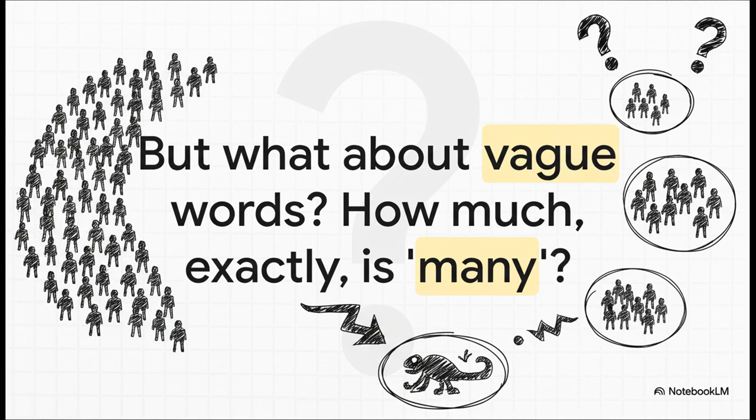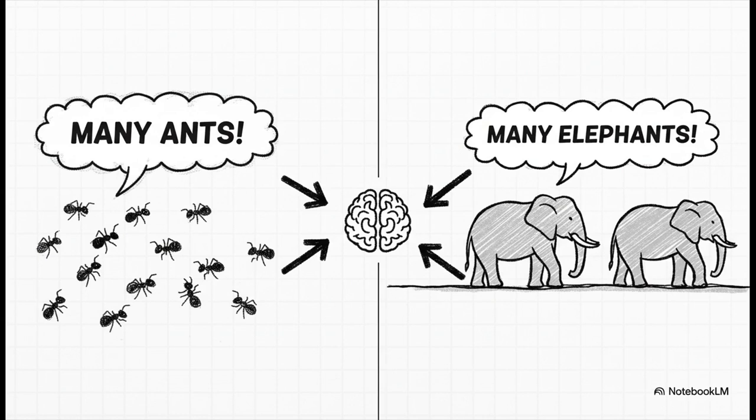Is it 5, 50, 500? The answer is, well, it depends. Yeah, these vague words are super context-dependent. Many ants in your kitchen is a very different number than many elephants in your kitchen, right? This is a huge active area of research, and it's pushing scientists to combine GQ theory with other tools, like fuzzy logic, to try and model that inherent imprecision in our language.